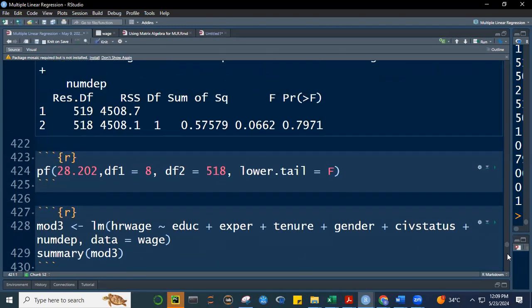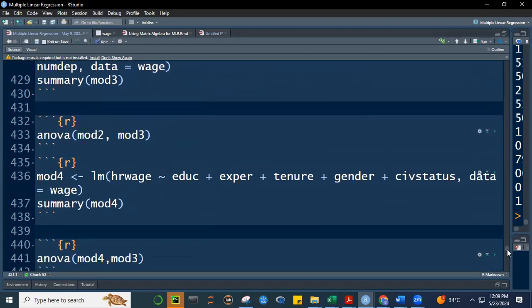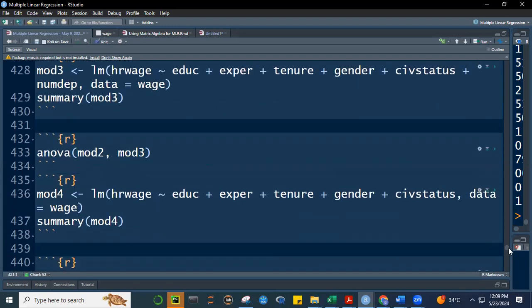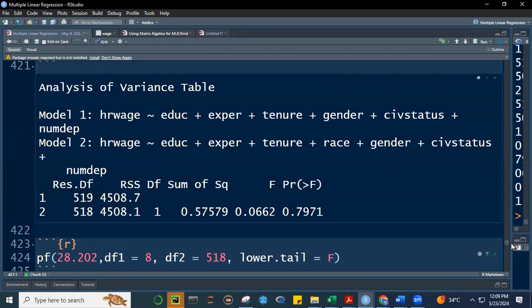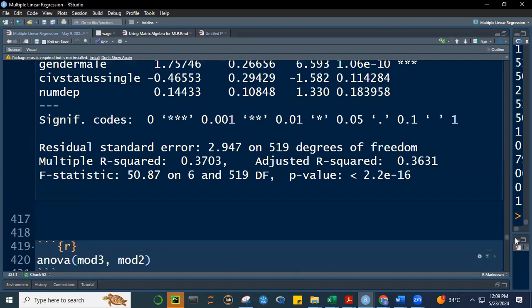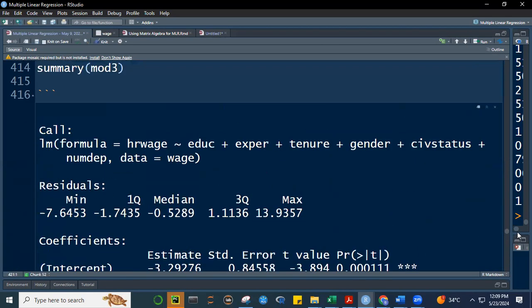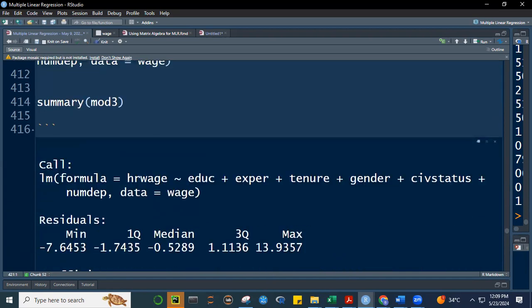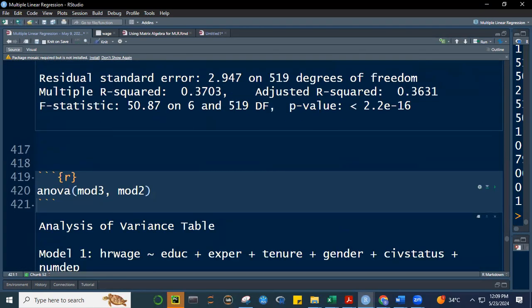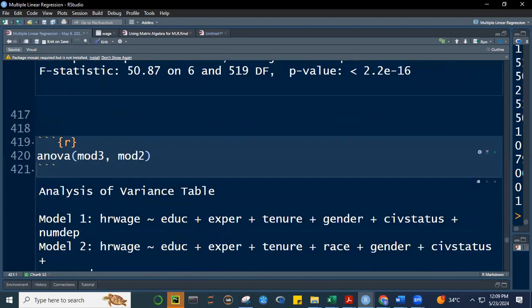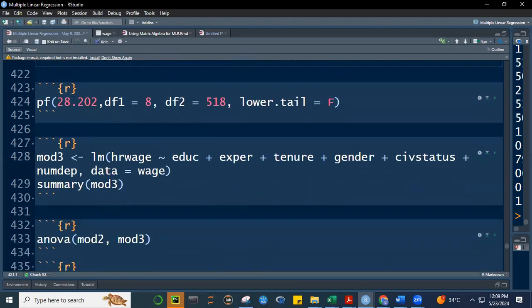So if you take a look at model number 4 now. I'm sorry, I got disoriented; this is the summary of model number 3. Where's model number 4?